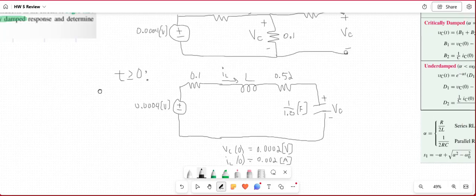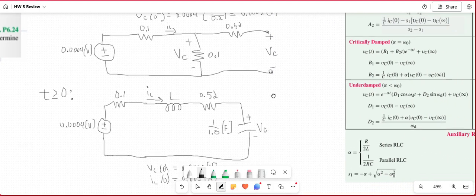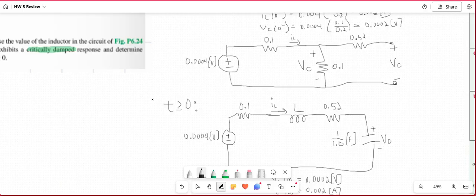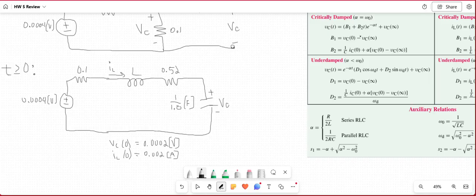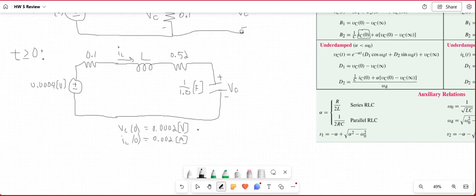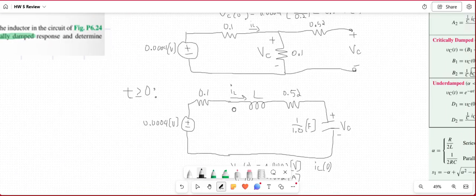Okay, and all right, it's asking us VC of t. And what does this say? Critically damped. Okay, so VC of t. We need IC of 0. So IC, remember, if you look up here, it just shows what our IC is.